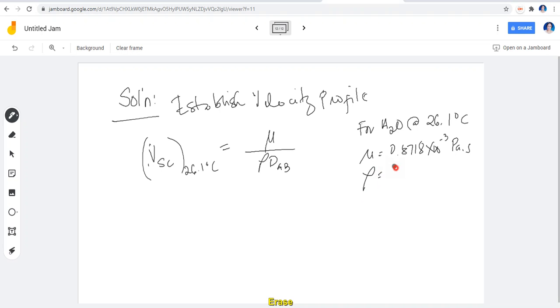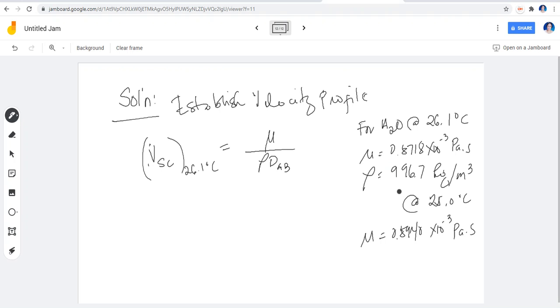The density is 996.7 kilogram per cubic meter. And we are to determine as well its viscosity at 25 degrees Celsius, which I will point out to you later why. So which is 0.8940 times 10 raised to negative 3 Pascal seconds.